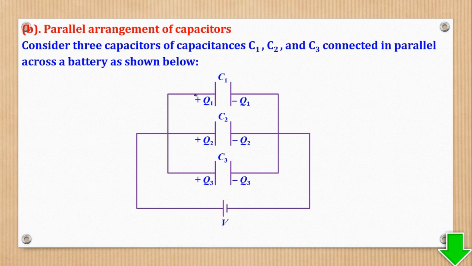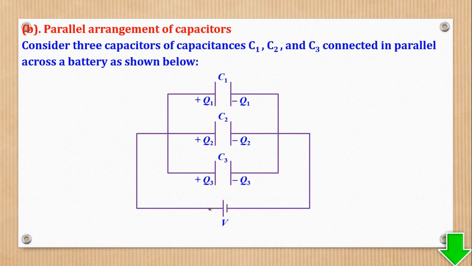In this case, you realize that the charge is different on each capacitor. So here the charge divides. Here the charge is Q at this point, but when it reaches here, it has to split: one goes this side, another this side, another this side.